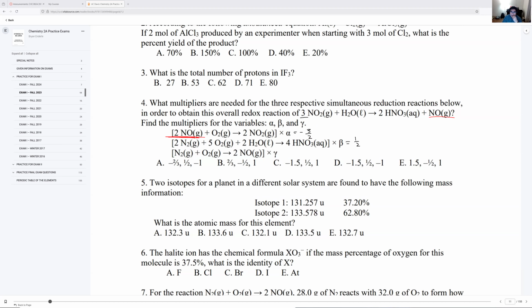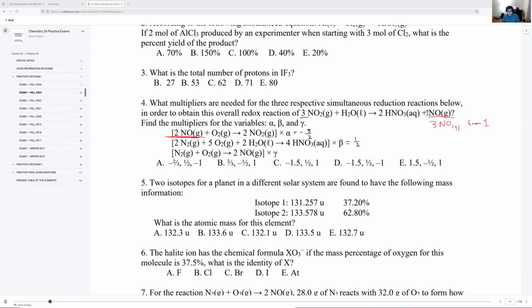So if we multiply it and flip it, we end up getting a 3NO2. So right now we have 3NO, from multiplying by negative 3 over 2. But that's not right. You don't want 3NO. You want 1NO.